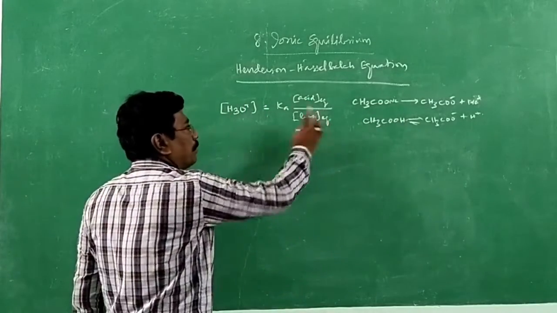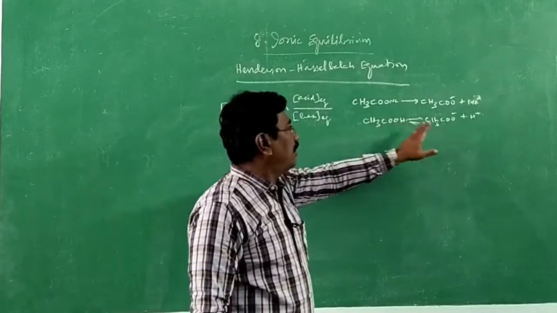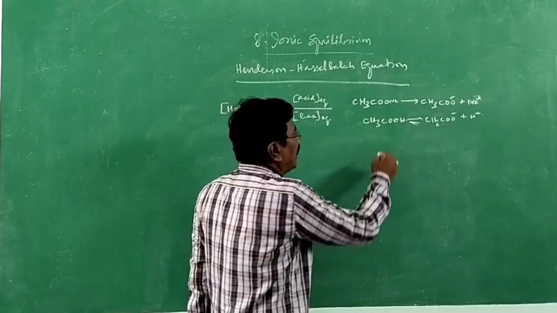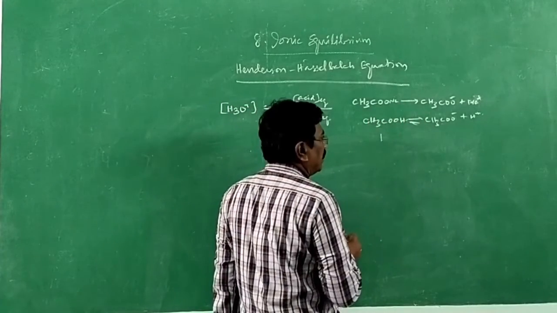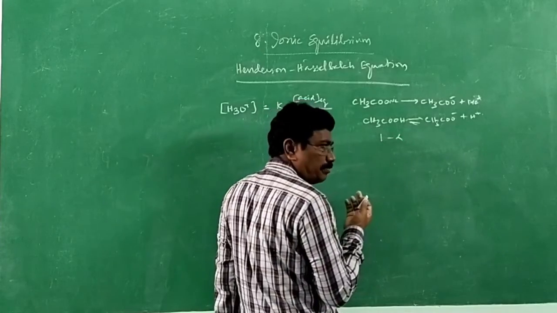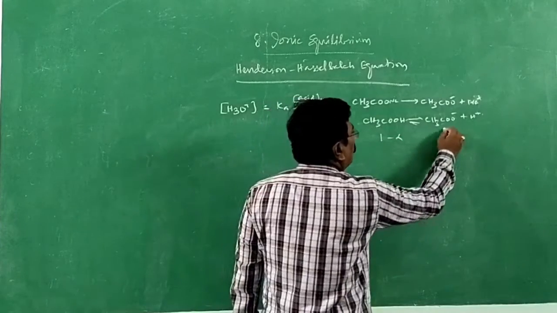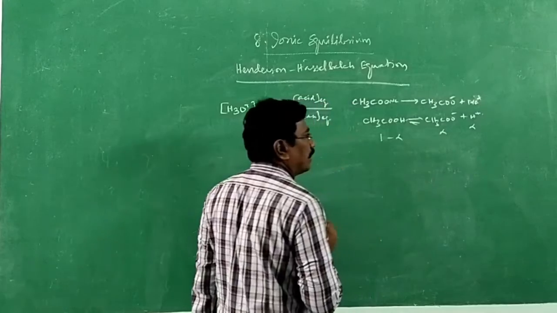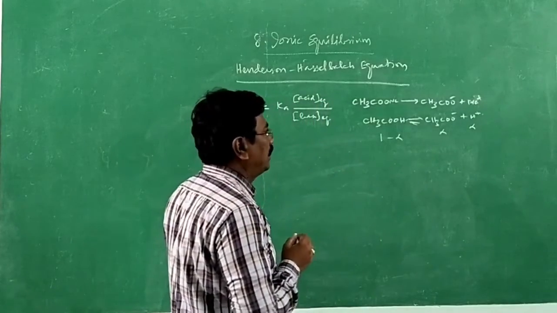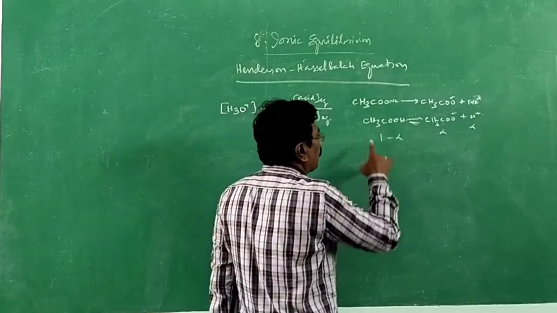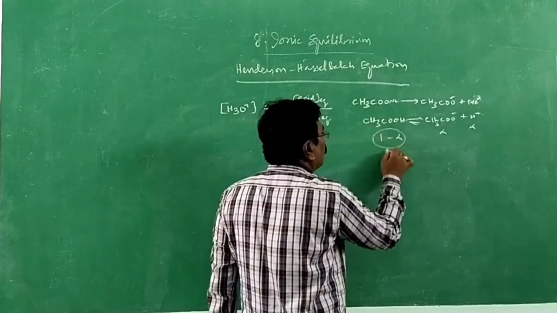After the attainment of equilibrium, what is the concentration? If we take 1 mole of acetic acid, alpha mole may get ionized to give alpha mole of acetate ion and alpha mole of hydrogen ion. Therefore, what we will be expecting? Equilibrium concentration means 1 minus alpha.